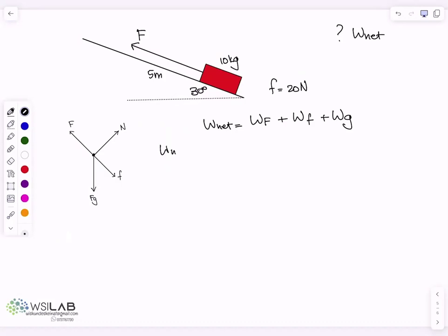Okay, so the net work is the work done by the applied force, so that's the applied force times the distance times cos theta, plus the work done by friction, which is the frictional force, delta x cos theta, plus the work done by gravitation, which is the gravitational force, delta x cos theta.